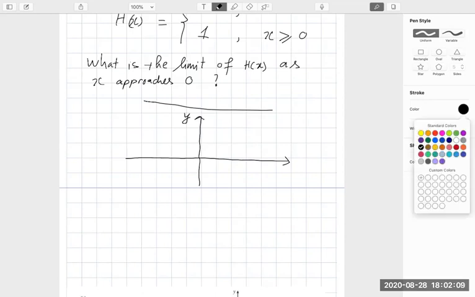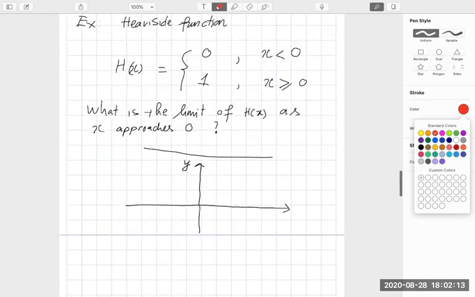The Heaviside function here, for any x smaller than 0, h of x should be 0. It means it is this line, right? And it's identical to this.